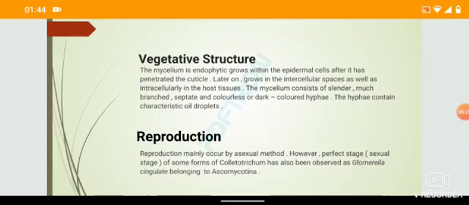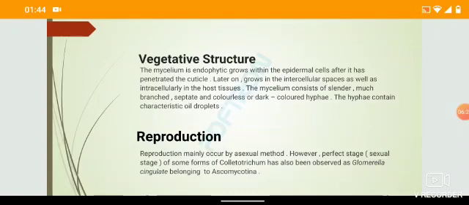So we can say the mycelium is endophytic. It grows within the epidermal cells as it has penetrated the cuticle. Later on, it grows in the intercellular spaces as well as intracellularly in the host tissues.